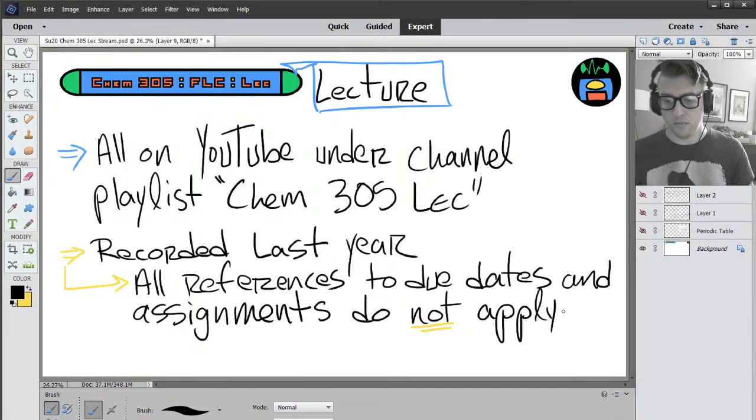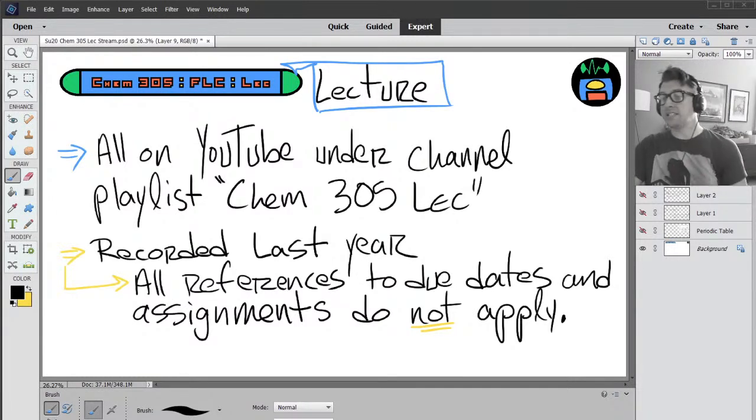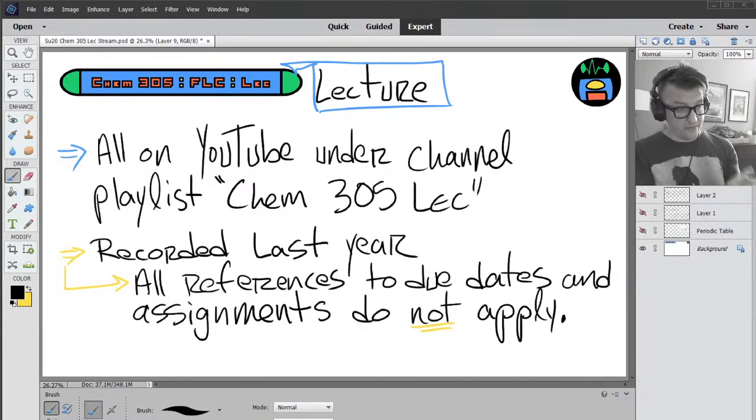The due dates, obviously, if I say you'll have an exam on June 14th, that was last year. You don't necessarily have an assignment or an exam on June 14th this year. You need to look at our specific syllabus and Canvas page for all due dates and assignment information.